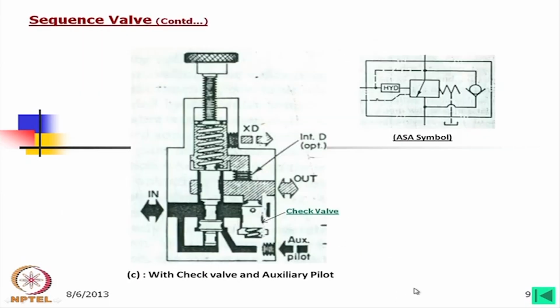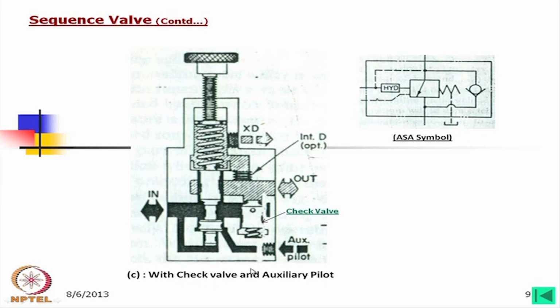Okay. Next, sequence valve with check valve and auxiliary pilot. In this case, if you look into this, the check valve is there, which I have described earlier, but instead of this being closed, there it is connected. Now, due to this, we have an auxiliary pilot.